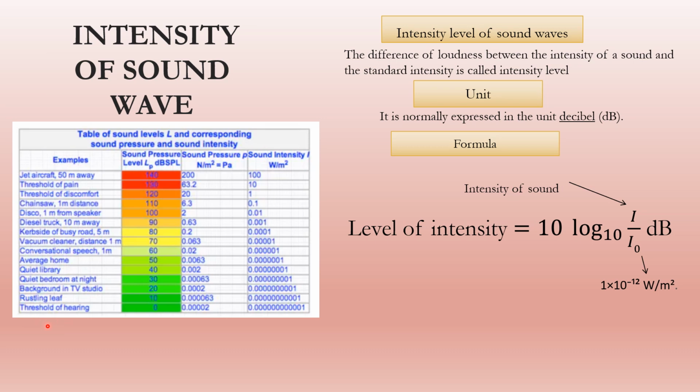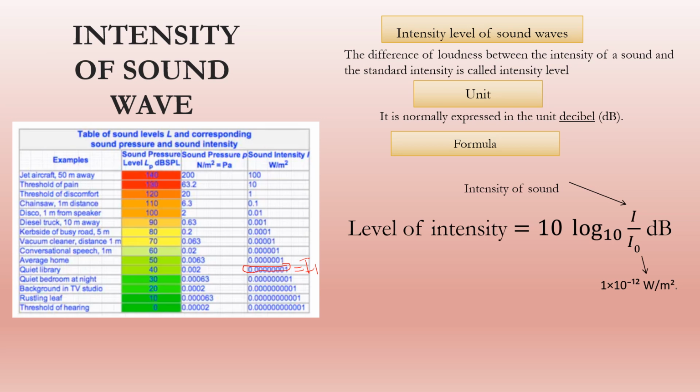So for example, I want to see the level of intensity. Let's take an example, maybe a quiet library. The level of intensity is this much. So this is I1.